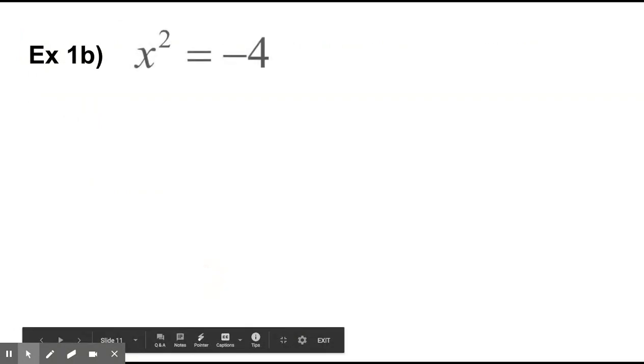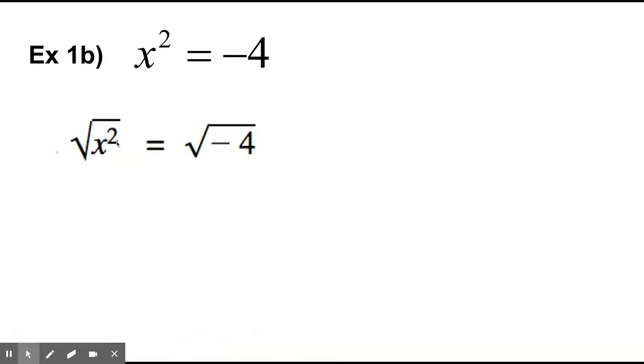Notice, for example, 1b. What's going to happen here when we take the square root of both sides of this equation? We have x squared being square rooted is equal to the square root of negative 4. Is this possible? What is the solution?